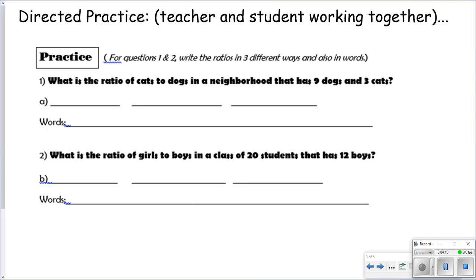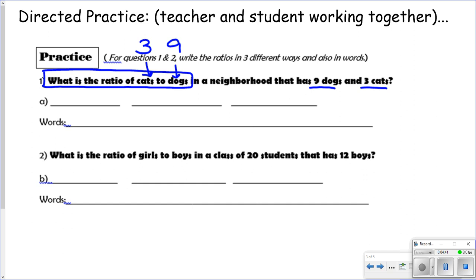Okay? Here's some practice. What is the ratio of cats to dogs in a neighborhood that has 9 dogs and 3 cats? 9 dogs, 3 cats. This right here is the question. The other part is the information. So I need the ratio to be cats to dogs. So cats, there are 3, and dogs, there are 9.